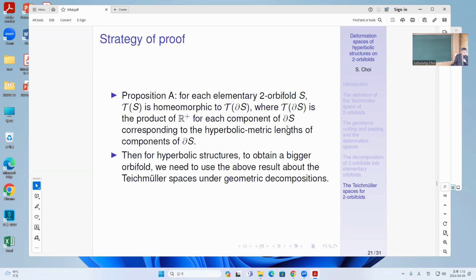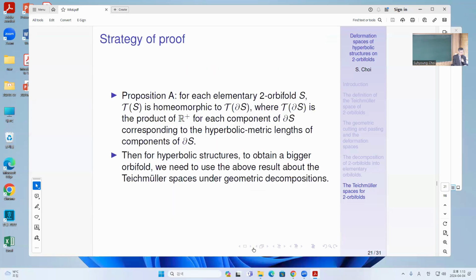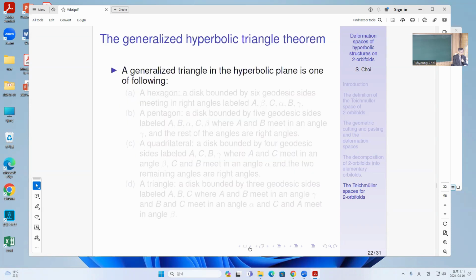To understand this, we need the generalized hyperbolic triangle theorem. So you can look at the hexagon.